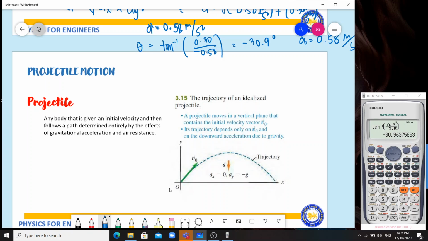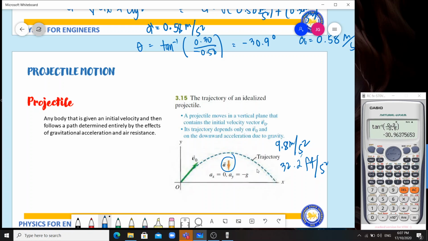Kahit gaano pa kataas mo itapon yan, dahil sa gravity, babagsak at babagsak pa din. So, ang acceleration na pinag-uusapan natin dito is the gravity, which is 9.8 meter per second squared sa SI and 32.2 feet per second squared sa English.